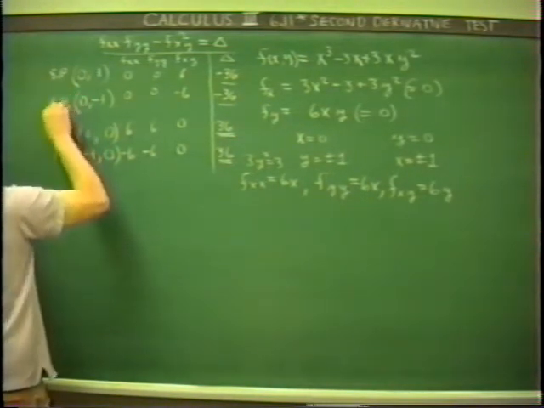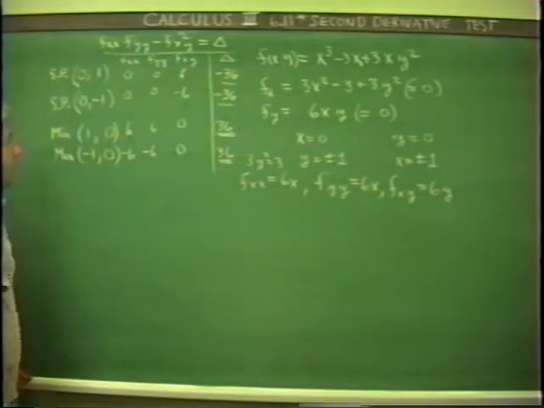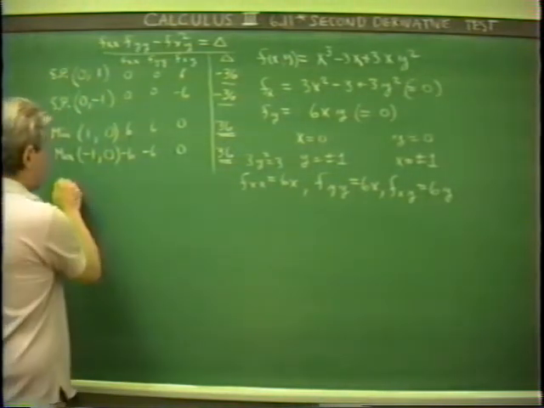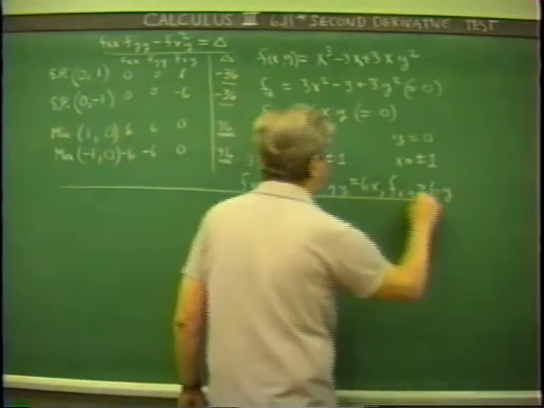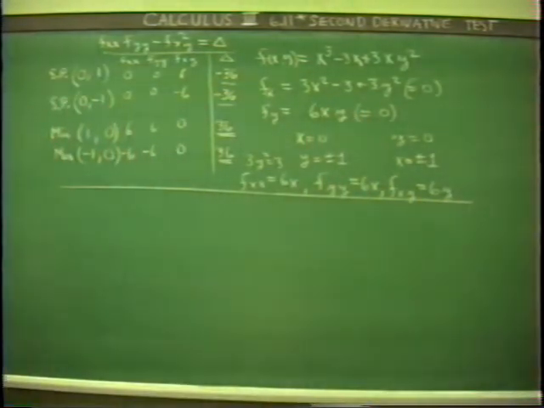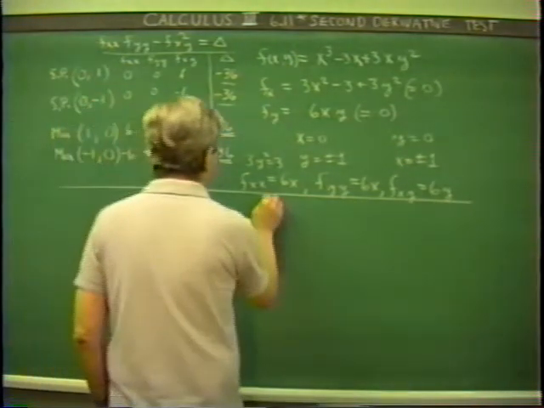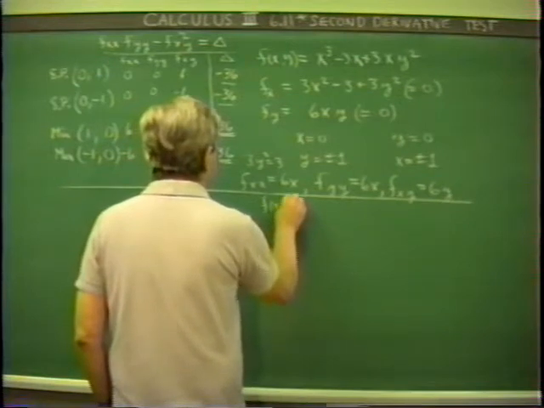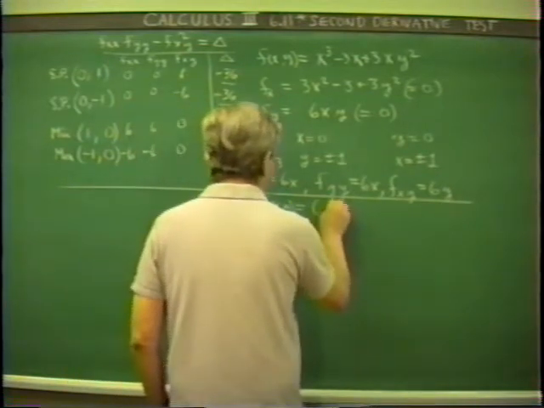Here you've got negative in both of these cases, so each of these are saddle points, abbreviating that SP. That's to say, it's neither a maximum nor a minimum. Okay, so there's an example of this function of two variables and the second derivative test.